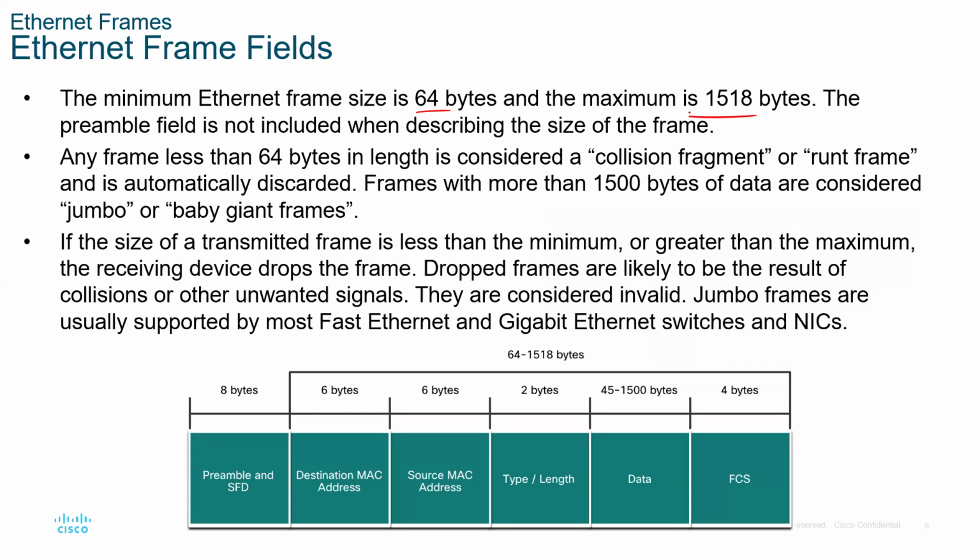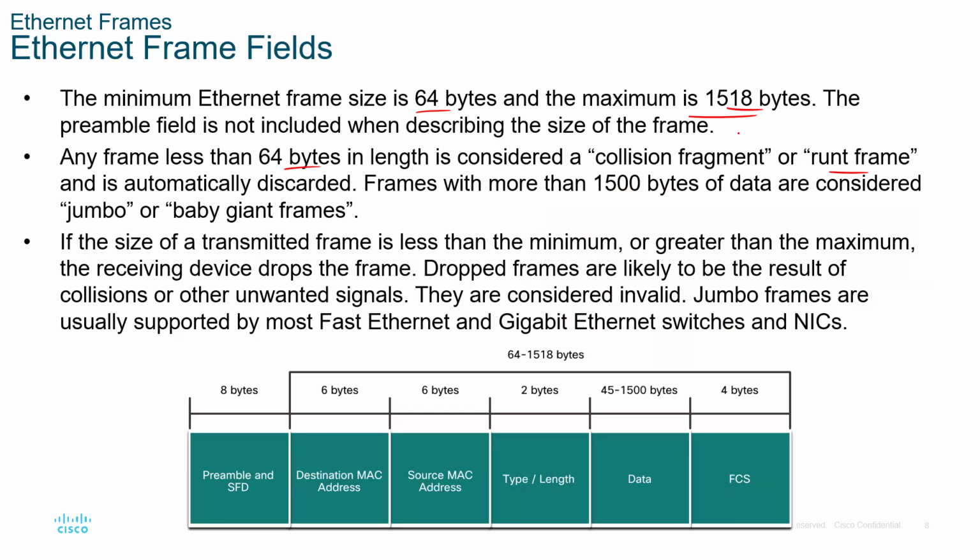You need to know the minimum size is 64 bytes. The maximum is 1518. Why do you need to know that? Because if you have a frame with a size of less than 64 bytes, that's a problem. We call that a runt frame, and it needs to be discarded.